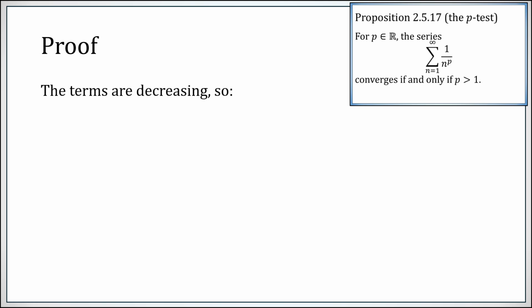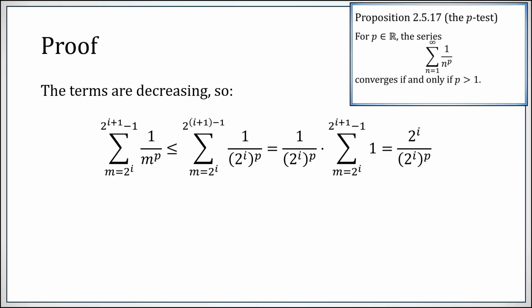So these terms are decreasing. The 1 over n to the p's are getting smaller, meaning, let's just take a look at some of these terms, but because they are all getting smaller, if I add up these terms, that is less than or equal to, over the same range of indices, only adding up the first term over and over again.